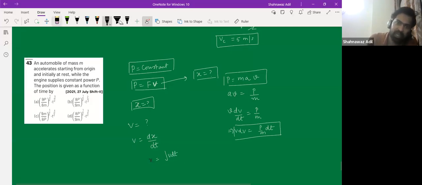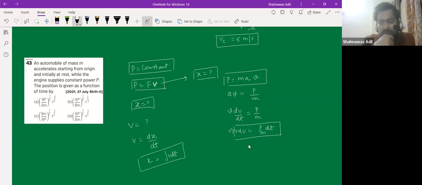First, you have to find out V, and then in the second step, find out x. Please solve this thing and tell me what answer you are getting.